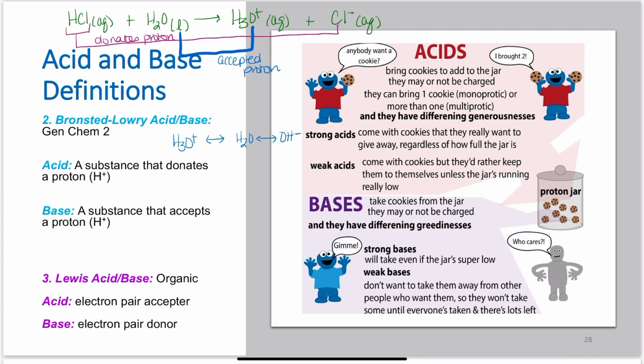The other one we have is the Lewis acid-base definitions, and this becomes a lot more prevalent in organic. This one we talk about electron pair donor and electron pair acceptor. We haven't done Lewis structures yet. We will do them in chapter 10, but if we were to draw these out in Lewis structure form, our HCl is sharing 2 electrons between the hydrogen and the chlorine.